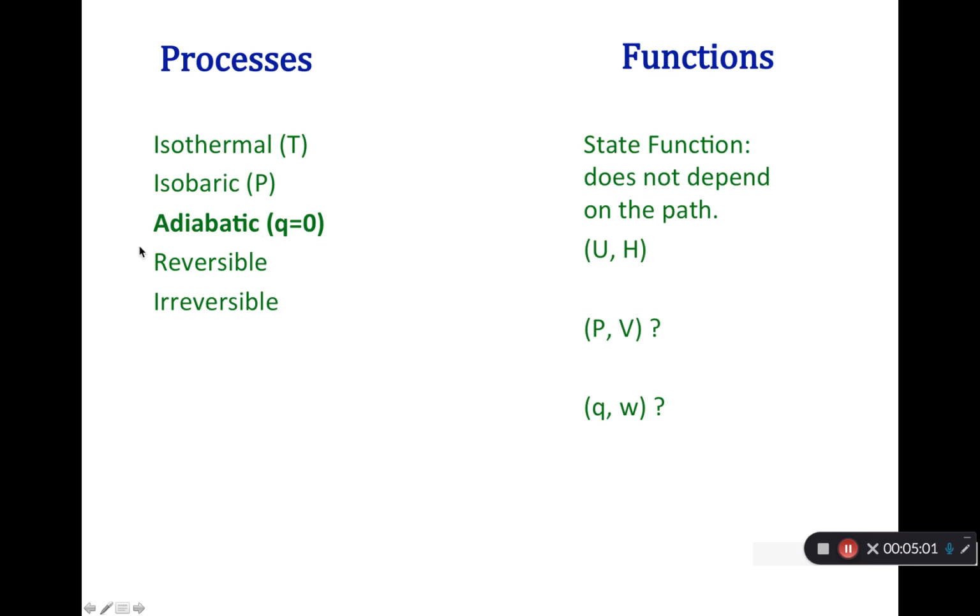We also talked about reversible and irreversible processes in the previous lecture. Reversible processes are slow and the work done is higher than in irreversible processes. We also defined state functions, functions which do not depend on the path, and these are internal energy and enthalpy. Heat and work are not state functions because they depend on how you go from state point 1 to state point 2.